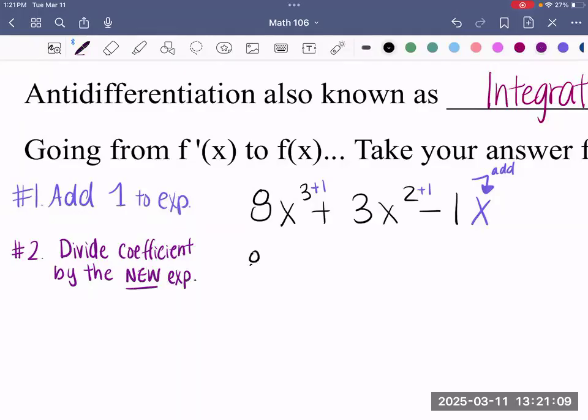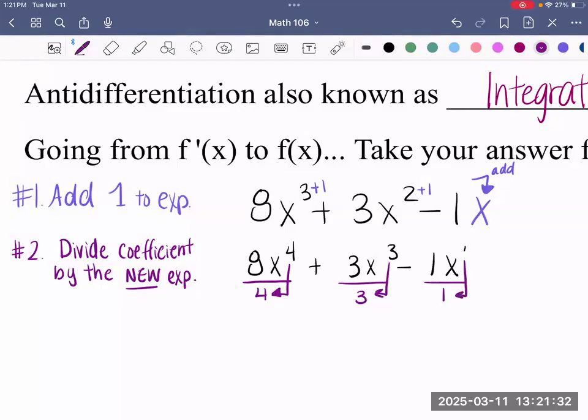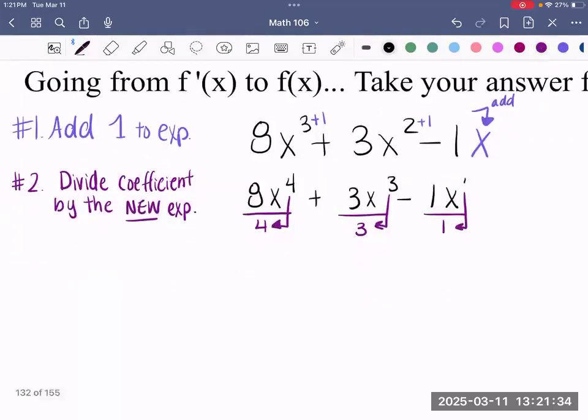So if your new exponents are 4 and 3, and we could say 1 if you want, we are going to divide by your new exponent. So we divide by 4, divide by 3, and if you want, you could say divide by 1. It doesn't really matter here. But now that you've divided, we get 2x to the 4th plus x cubed minus x.